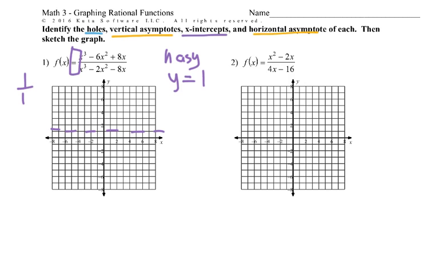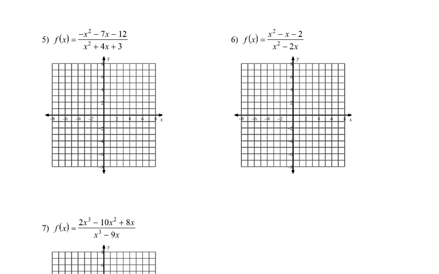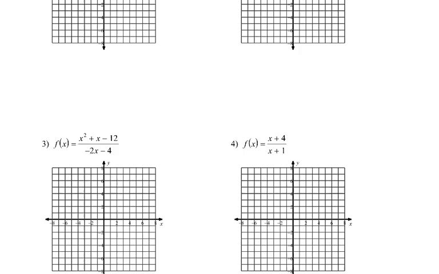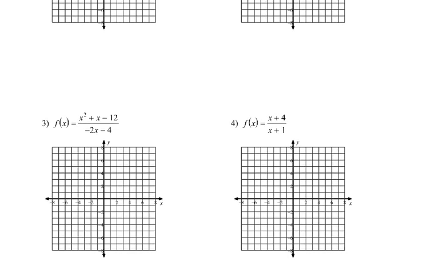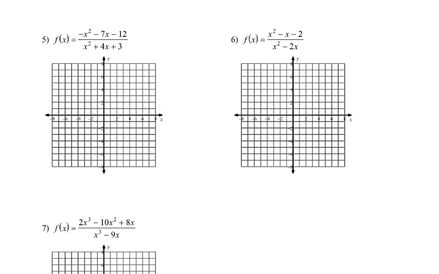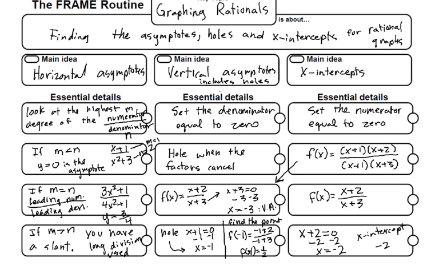Now, if the top is bigger than the bottom, that's a slant asymptote, and you have to use long division to find it.